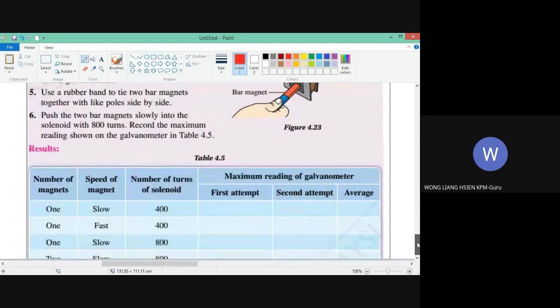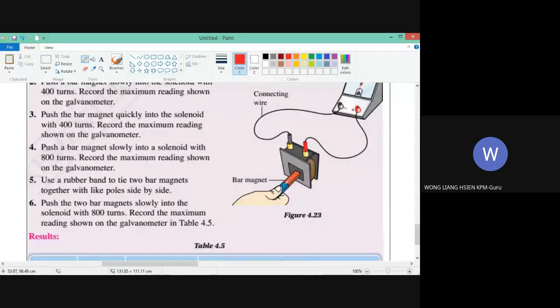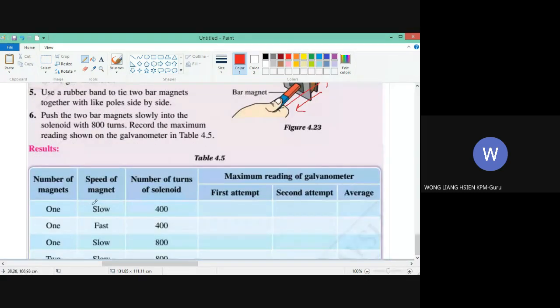Here you see this activity, the speed of magnet. This activity is where we push the bar magnet in and pull it out of the solenoid. You see there are two speeds of magnet, slow or fast, and then the number of turns of solenoid, 400 or 800.